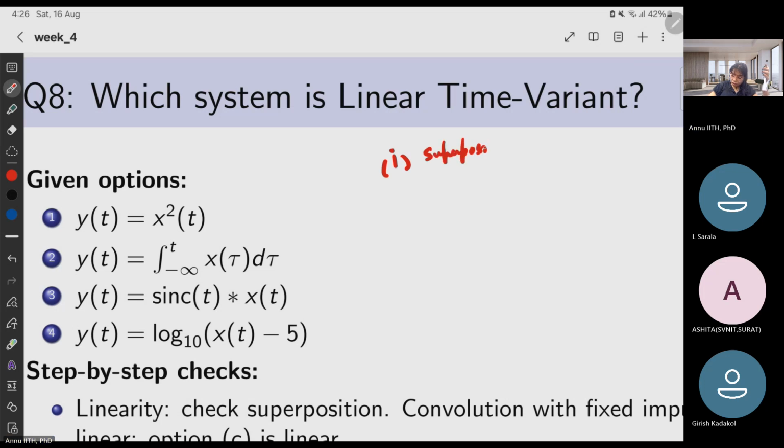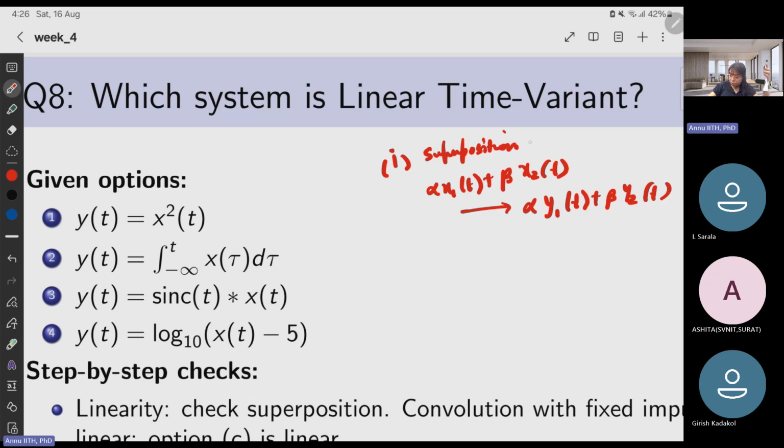Superposition means if alpha x1(t) plus beta x2(t) should lead to alpha y1(t) plus beta y2(t). This comes from superposition plus scaling. Scaling terms are alpha and beta, and superposition is this.